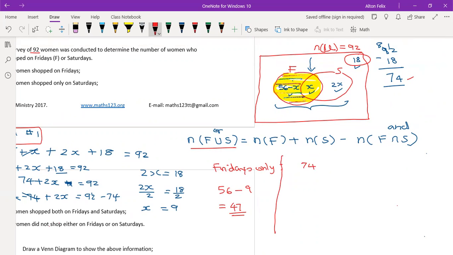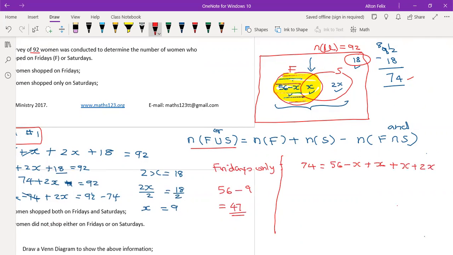right, that will equal the number who shop on Friday, which will be the 56 minus x plus x, right? That's the yellow portion in the diagram. Plus those who shop on Saturdays would be the x plus 2x.